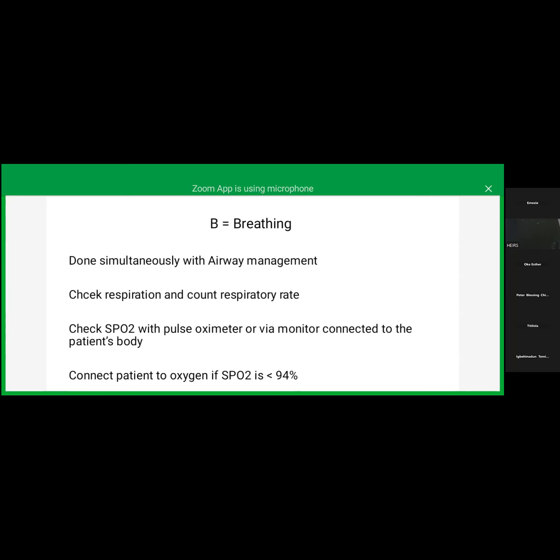What is gasping? Those that are gasping are almost dying. They are gasping for air. They are hungry for air. Sometimes they will breathe once and stay maybe 1 minute before they will breathe again.